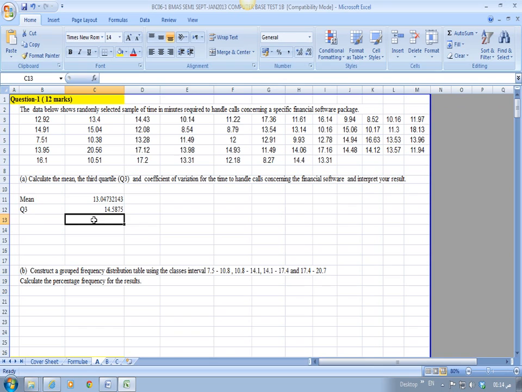Press enter. Then next is to calculate coefficient of variation. Coefficient of variation is the standard deviation divided by the mean. We already calculated the mean, so we need to calculate the standard deviation.